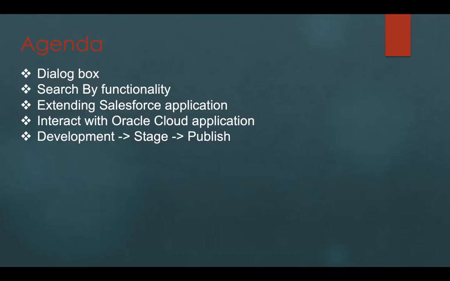The development to stage and stage to publish, how to change the phases of the application, how to allow anonymous access for the VB application or the business object so that users can access the data anonymously, and how to allow the service connection to be accessed anonymously.